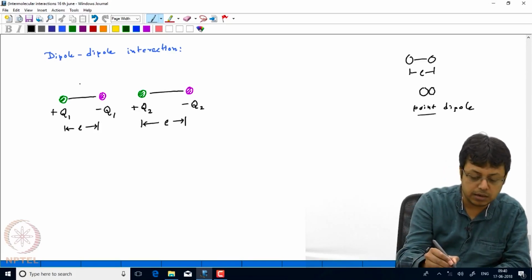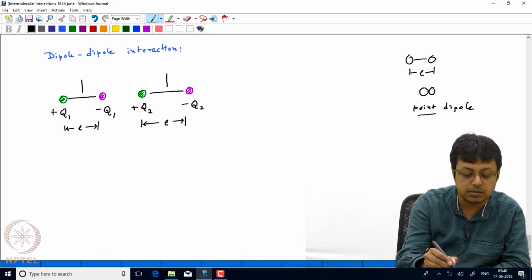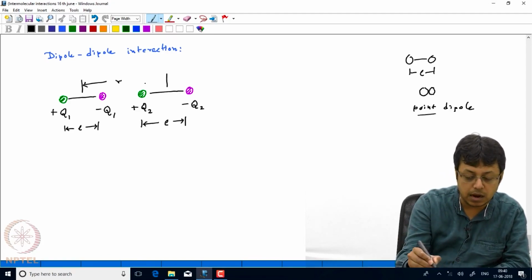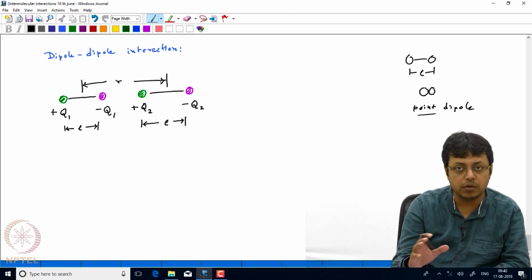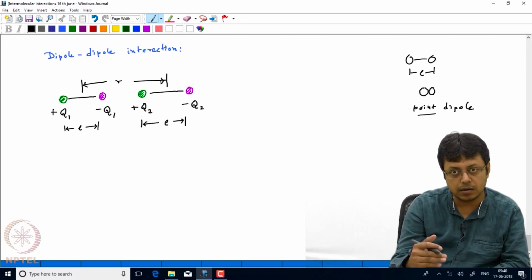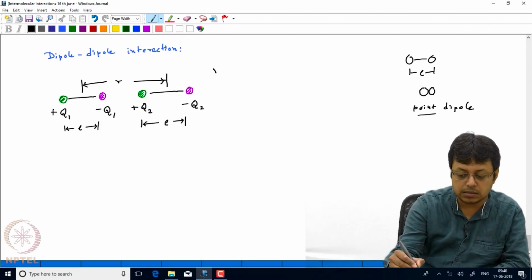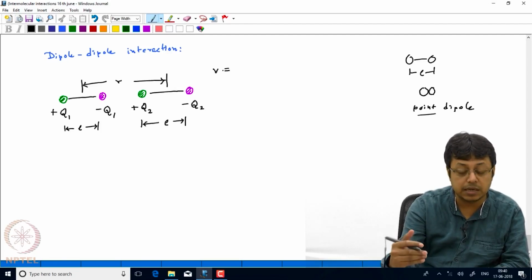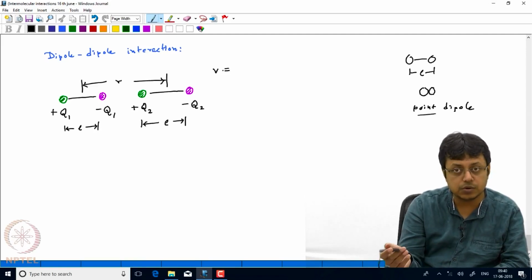And as before, let us also consider the distance from the center of one dipole to the center of the other to be r, which is smaller. Now as before, we are going to carry out the calculation for the interaction potential, and we know that this interaction potential will now have 4 terms, because plus q1 will interact with plus q2, plus q1 will interact with minus q2, and so on.